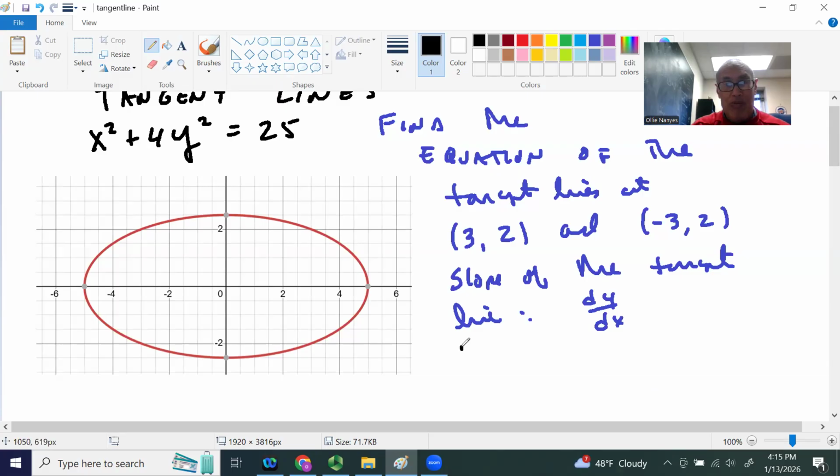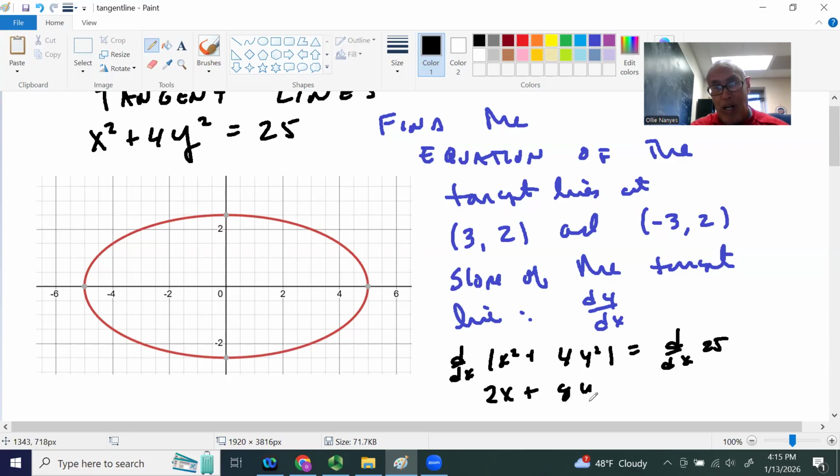So we're going to practice implicit differentiation. You differentiate both sides with respect to x, just as you were taught. This works out to be 2x plus 2 times 4 is 8y, but since y is assumed to be a function of x, that's dy/dx by the chain rule, and you get a 0 here.